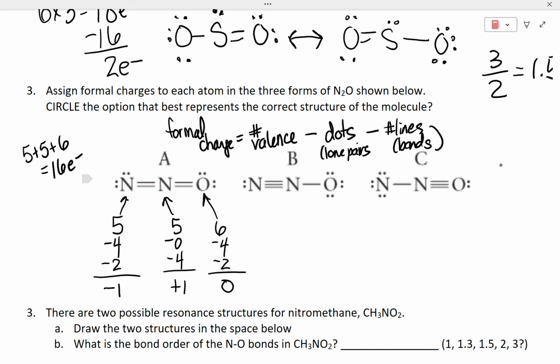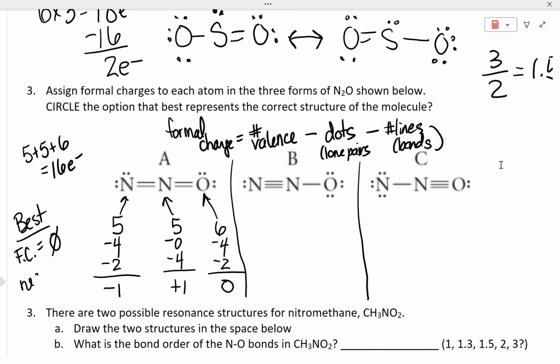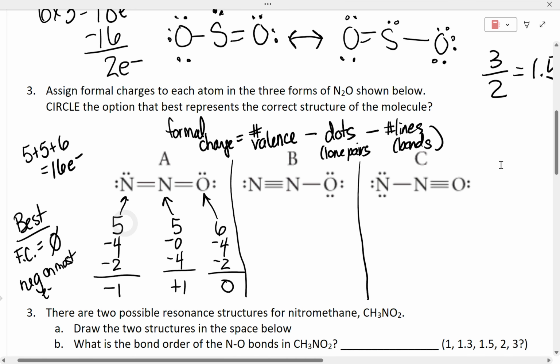Okay, so that alone doesn't really tell us much. We've got to compare it to these other structures and see which formal charges are the best. What we're looking for, the best case scenario, is that we want a formal charge to be 0 or as close to 0 as possible. And if there needs to be a negative, we want the negative to be on the most electronegative atom.